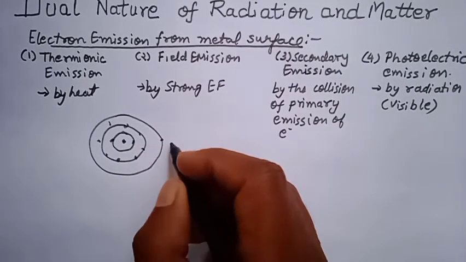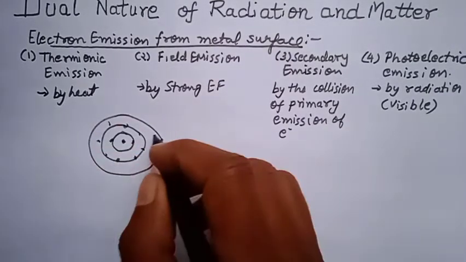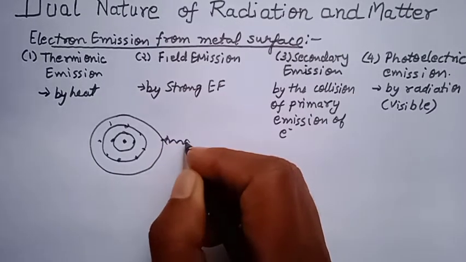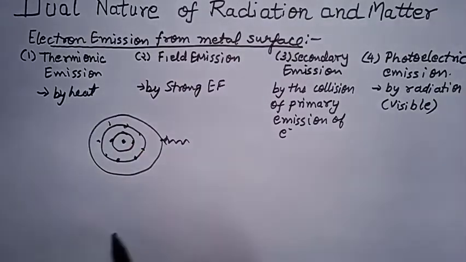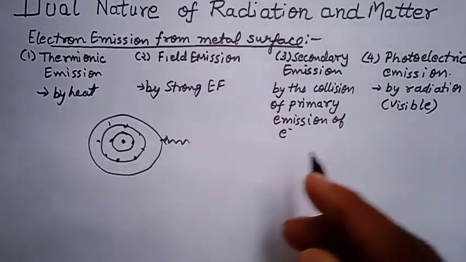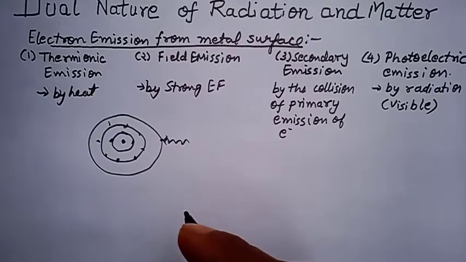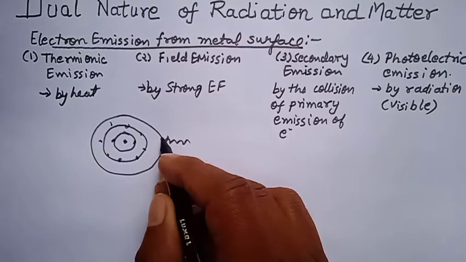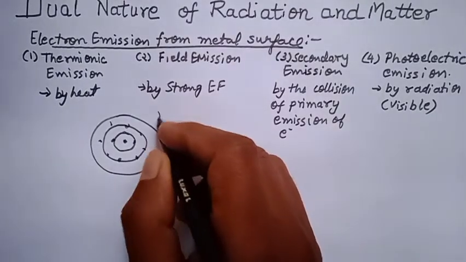So it is easier to supply this outer energy level electron some additional energy, and that energy can be supplied through heat, strong electric field, collision of another electron, or photoelectric radiation. So that energy can be supplied to that electron, and that electron can be knocked out.